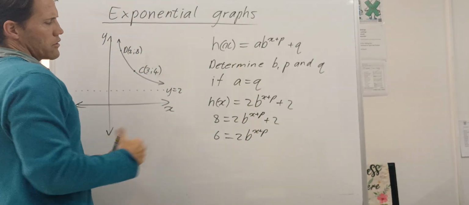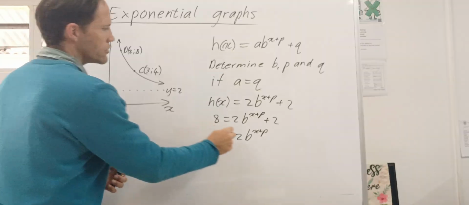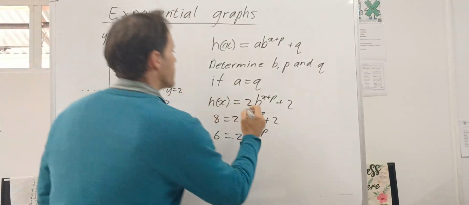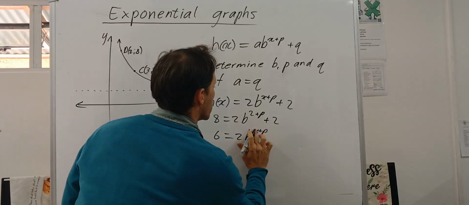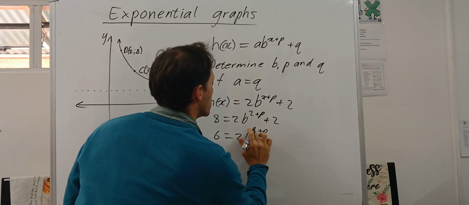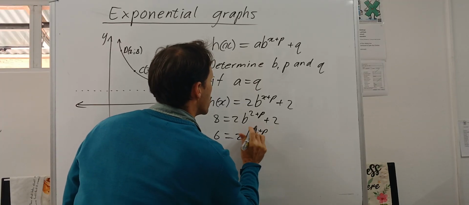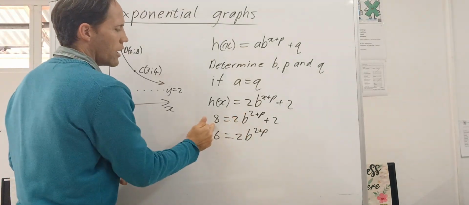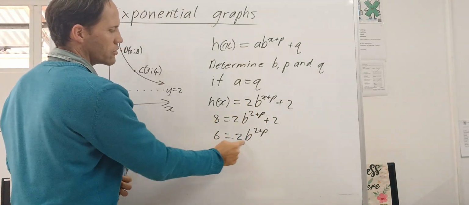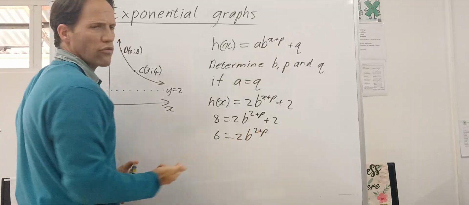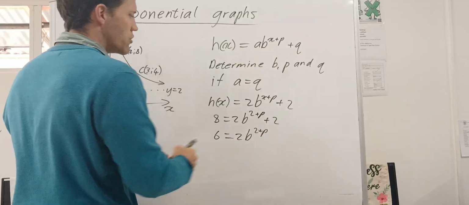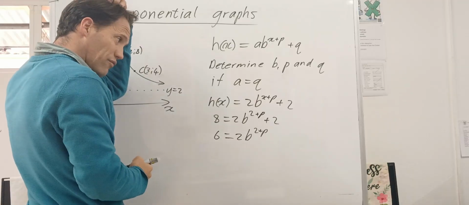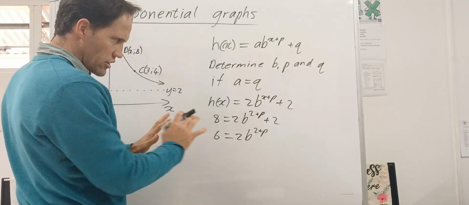We substituted x and y, took the 2 over. And now b and p, you can't solve it. What you can do is you can divide both sides by 2, but then it's still not enough to actually solve it. So you just wait with it there.